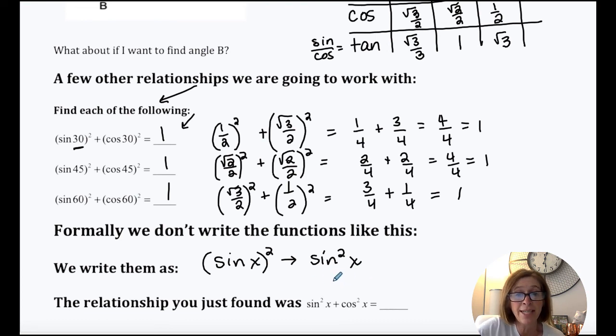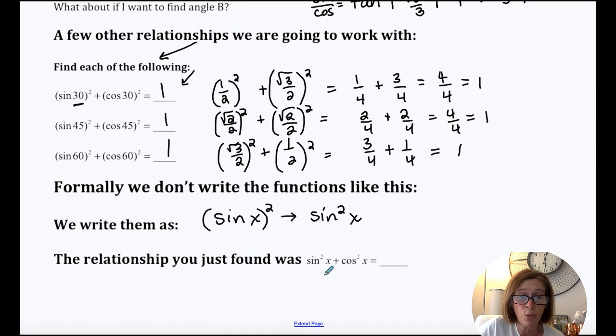So the fundamental identity is really sine squared x plus cosine squared x equals 1. And that will work for any angle on the unit circle. As long as the angles are the same, if you square both their ratios, you're going to get the answer of 1. We call it the fundamental Pythagorean identity.